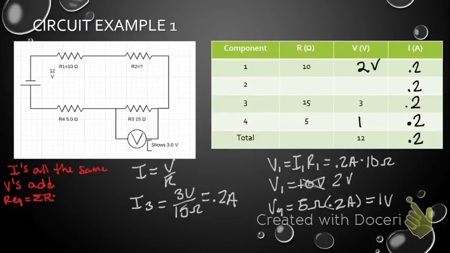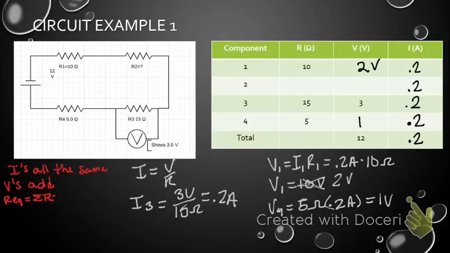So now I have more pieces of information. The next thing I'm going to do is look at the fact that my voltages add. Because my voltages add, the voltage through each individual resistor is going to add up to my total voltage. I'm given the fact that my total voltage supplied to my circuit is 12.